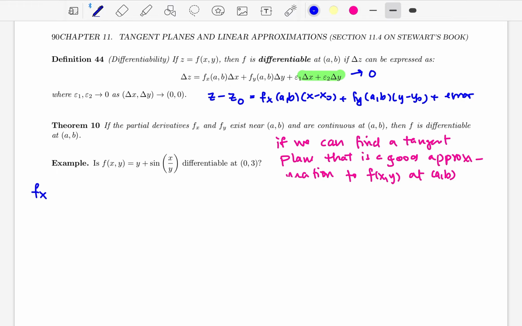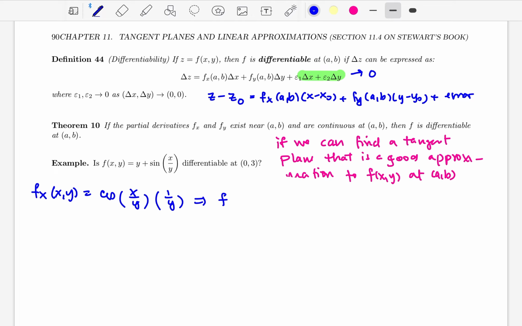So f_x of x, y: I'm going to take the derivative with respect to x. The derivative of y will be 0, and then I have to use the chain rule. So this is going to be cosine of x divided by y times the derivative of x divided by y with respect to x, which gives 1 over y.